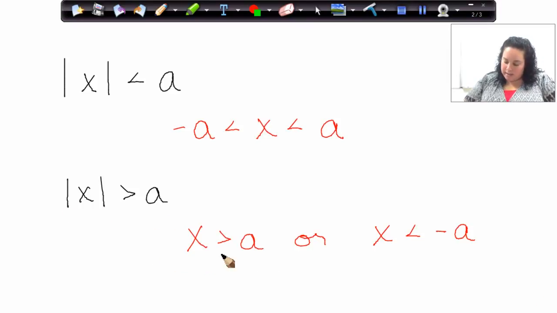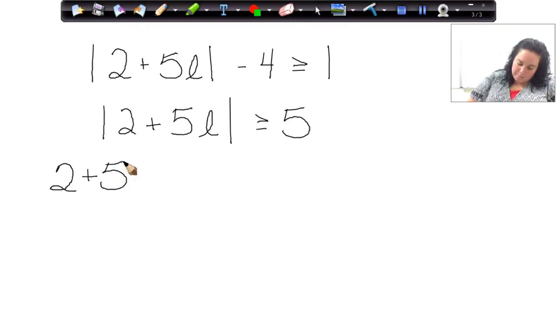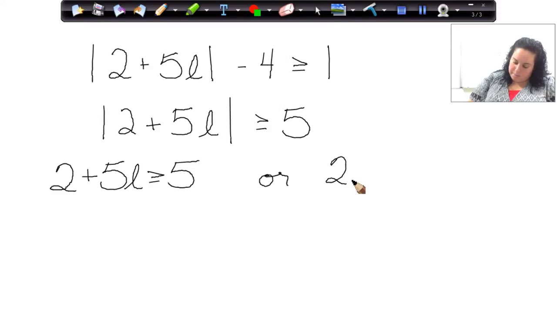We're going to say it's either greater than or it's less than the negative. So over here, we're going to split it into two problems. We're going to say either, and basically we're going to copy down exactly what we have, okay, without the absolute values, and then or we're going to copy down exactly what we have except for two changes.